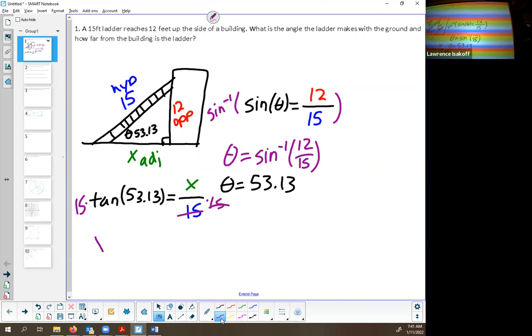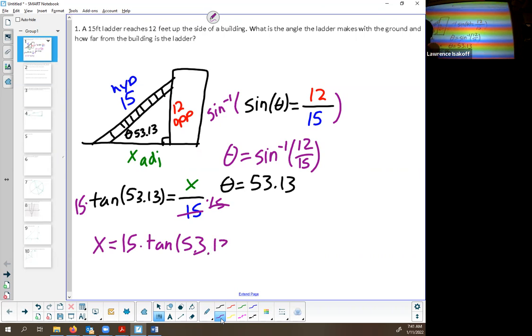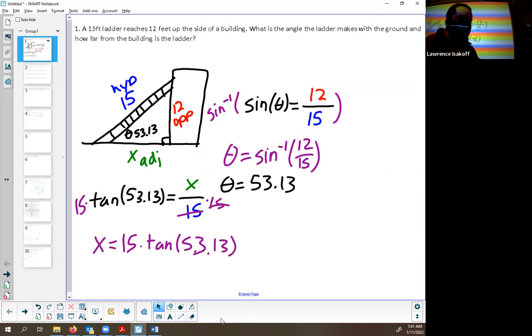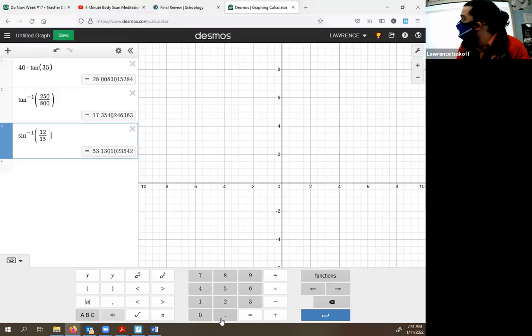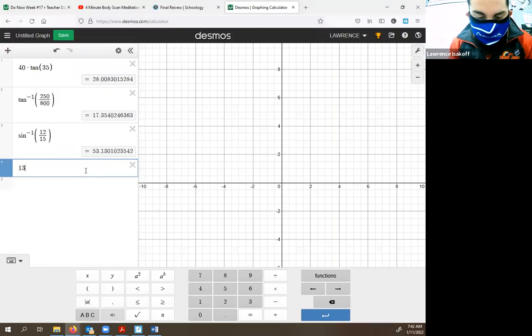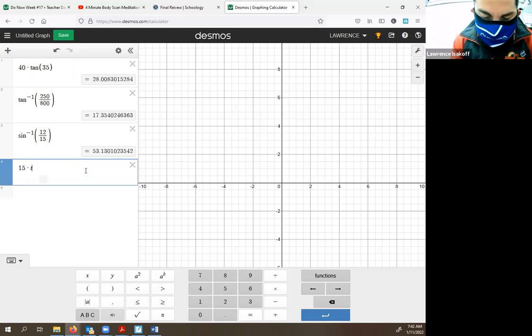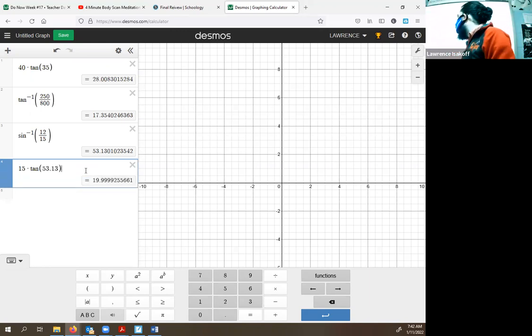And we get x equals 15 times the tangent of 53.13. Let's go ahead and type that into the calculator and see what we get. 15 times the tangent of 53.13.